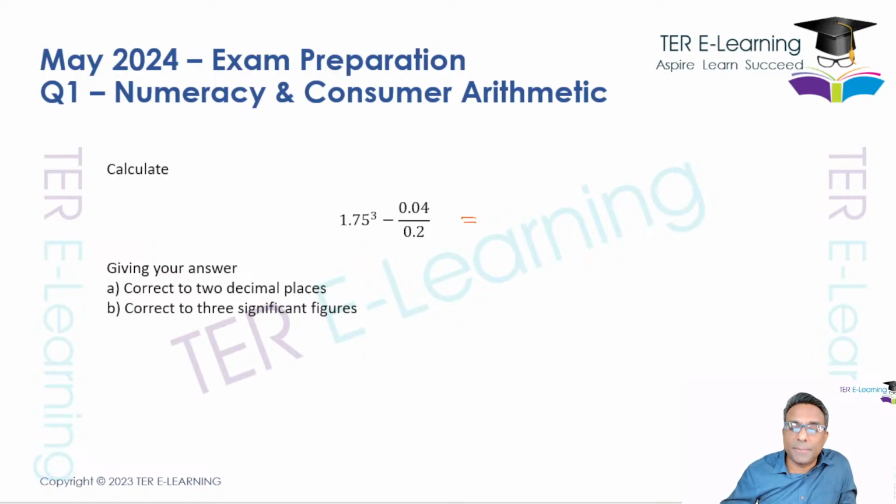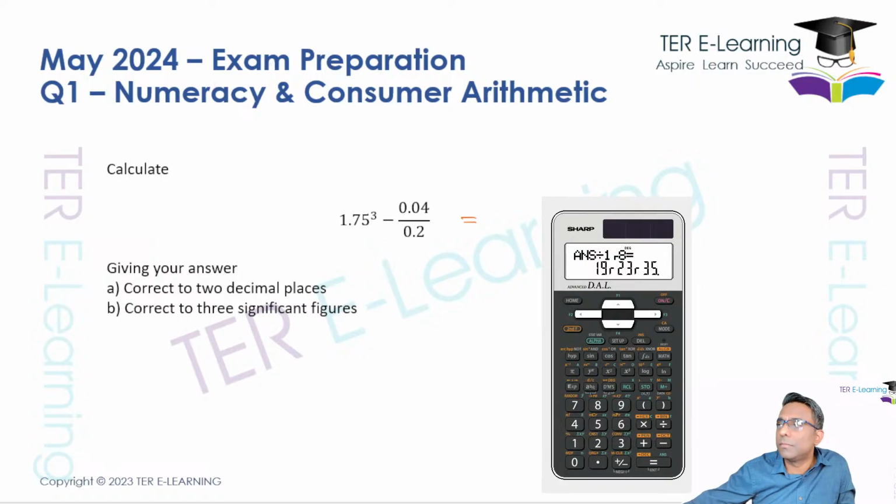So we're going to work out 1.75, and we need to cube that. We have a cube button here, so we're cubing that, minus, and now you need to tell the calculator to divide the 0.04 by 0.2 before doing the subtraction.